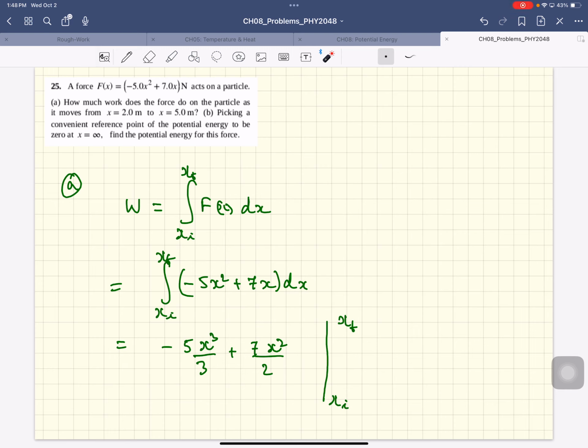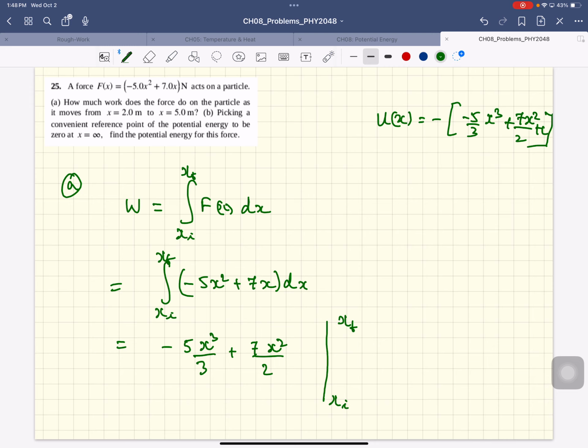Now, when you take the derivative, if you had a constant, the derivative would still be the same. So, for instance, U is defined with the negative of that, so it would be equal to negative of minus 5/3 x cubed plus 7x squared by 2 plus c.